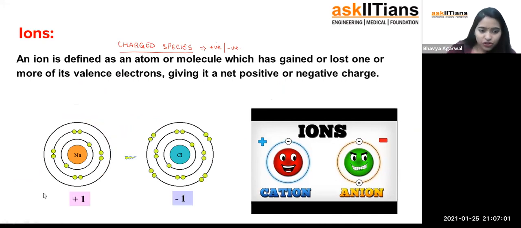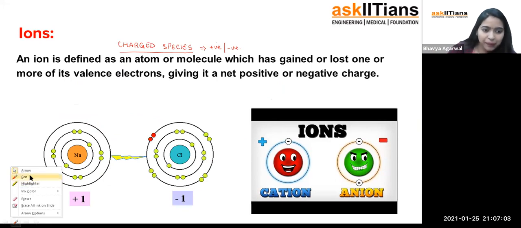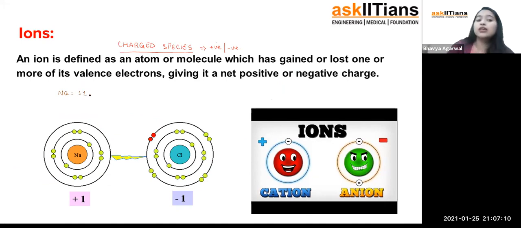Sodium is represented on this screen as having 11 electrons. Same way, chlorine has 17 electrons. As you can see, sodium has lost 1 electron.